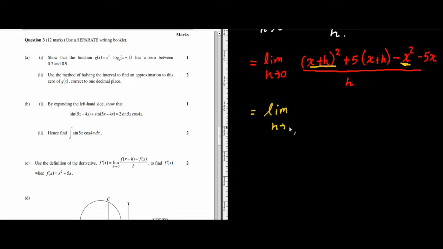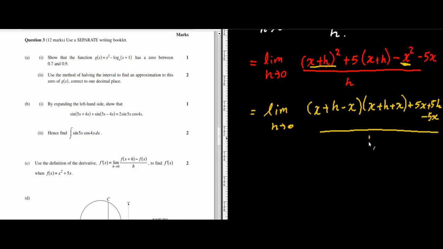limit of h approaching 0. Remember how it goes, a plus b times a minus b. So I'm going to write the a minus b term first, so it will be x plus h minus x, multiplied by x plus h plus x, and then I have this term plus 5x plus 5h minus 5x, all divided by h.